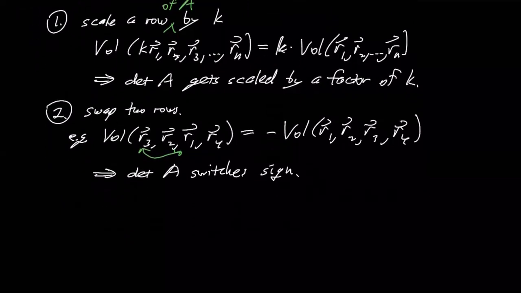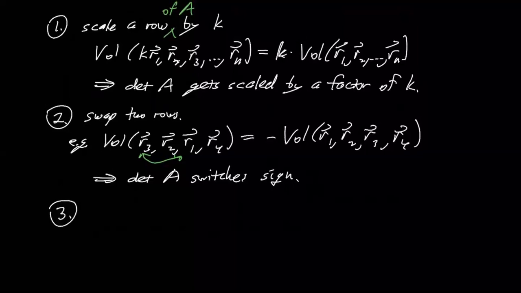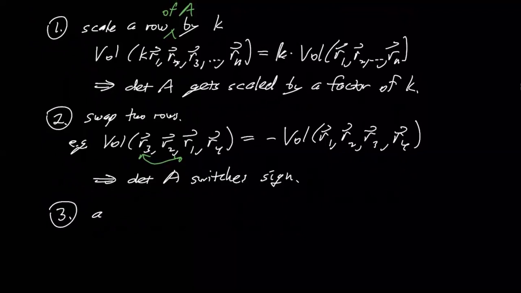The third row operation seems like the most complicated. We add a multiple of one row to another. Now this is kind of a fascinating argument.